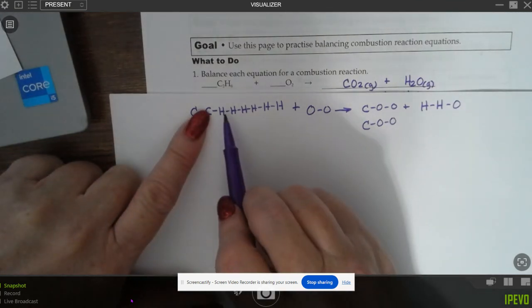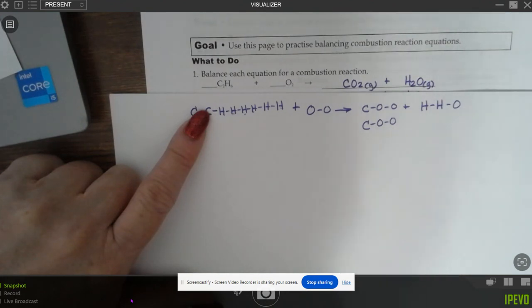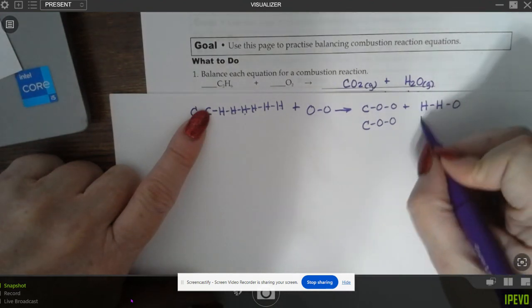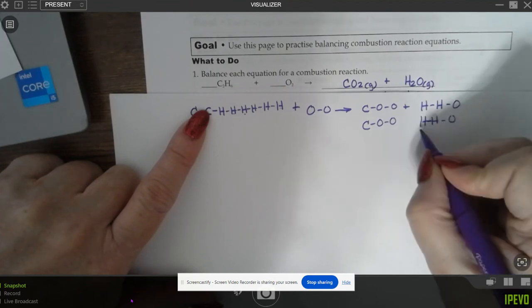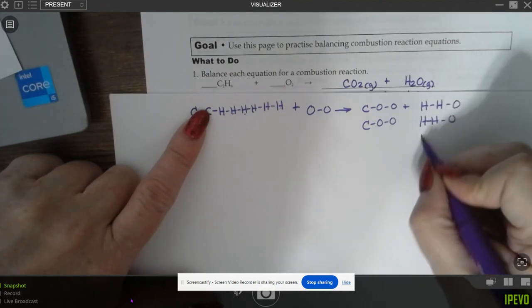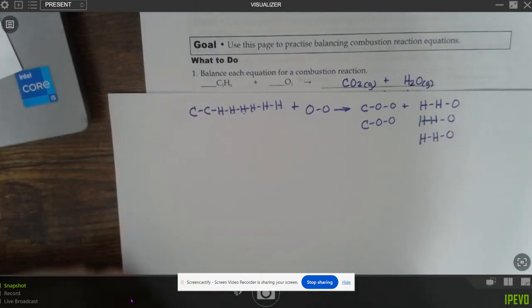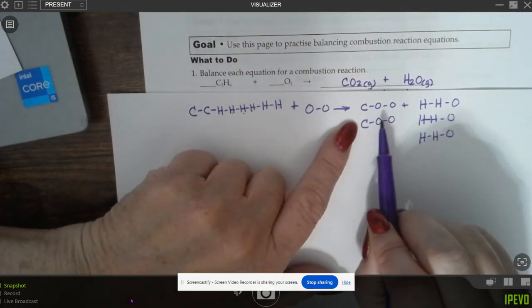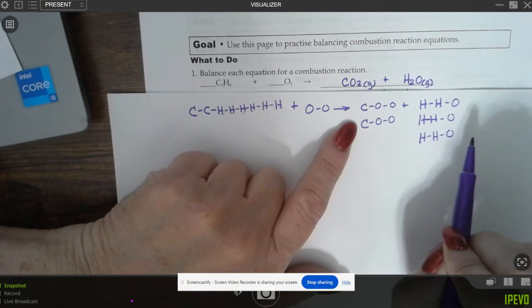I have 1, 2, 3, 4, 5, 6 hydrogen. Okay, which means I've got 2 here. So if I add another water, now I have 1, 2, 3, 4. If I add another water, I have 6. Okay. So let's see. I have 1, 2, 3, 4, 5, 6, 7 oxygen.